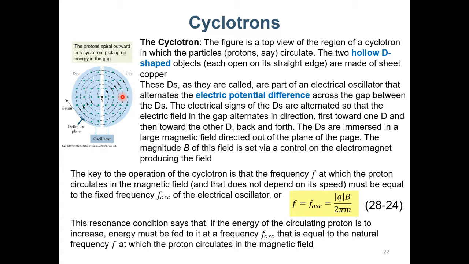In this gap, there is no magnetic field, and instead there will be some electric field. But the electric field will be pointing to the left and pointing to the right alternately. So if there is no gap here, it will be something like circular motion.